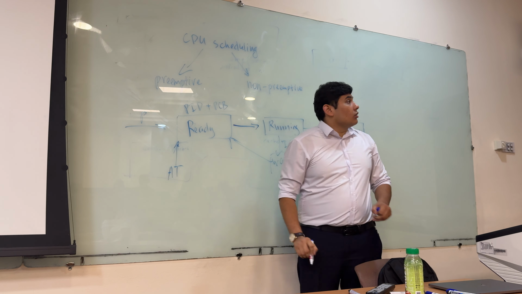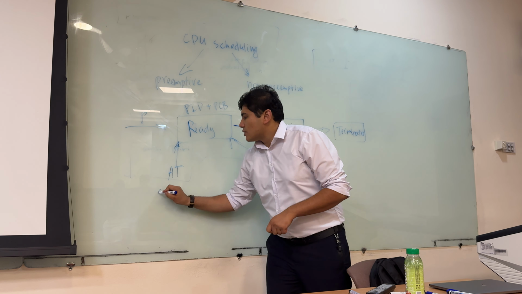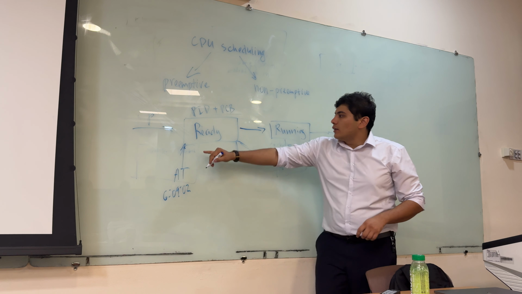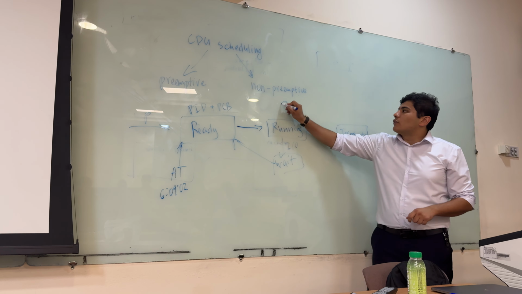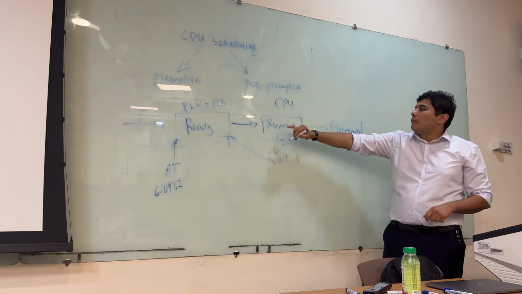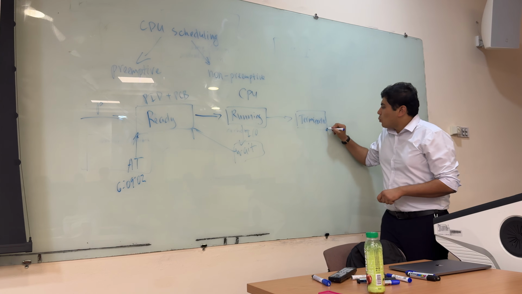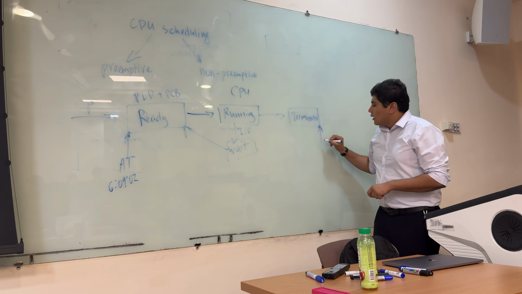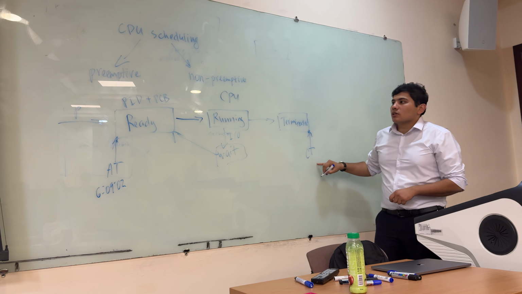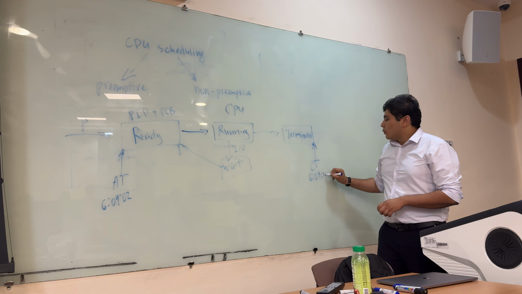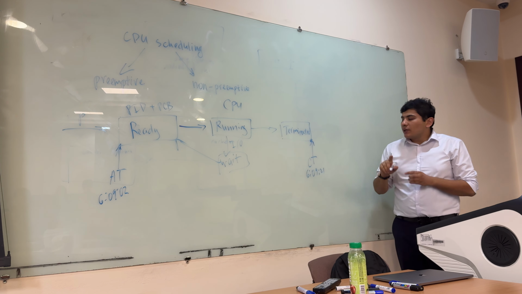Let's say the time is 09:02, and then it's gonna go to the running, basically inside the CPU. After the CPU, it's gonna show the output. Once it's finished, right this moment, it is CT, completion time, okay? Let's say this one is 09:21.